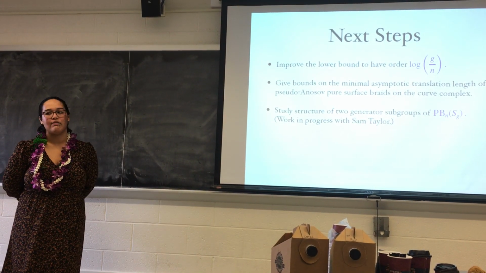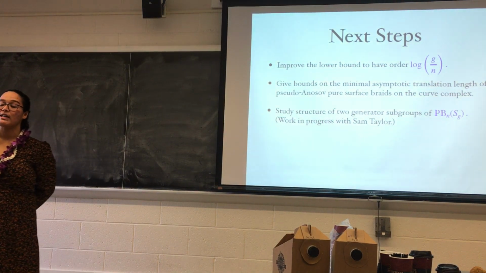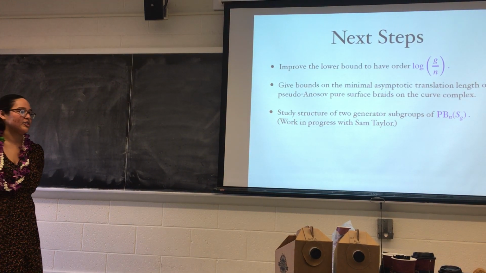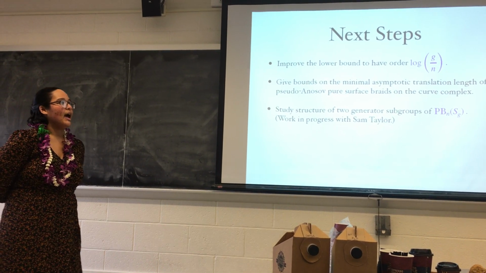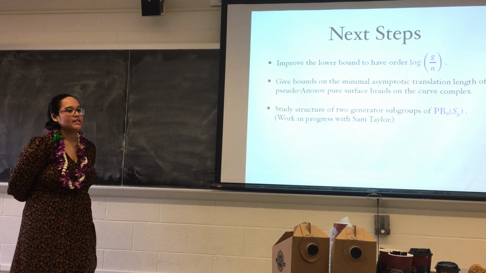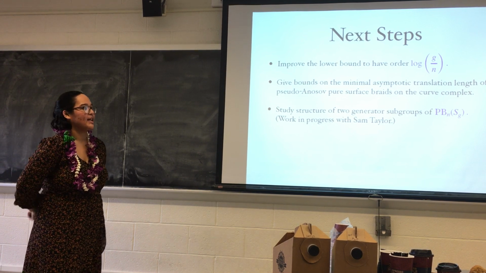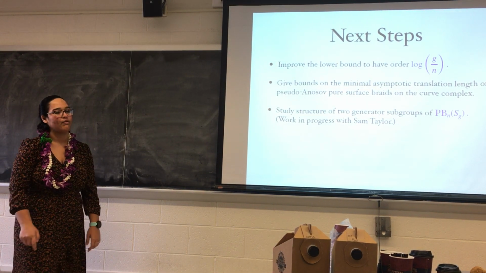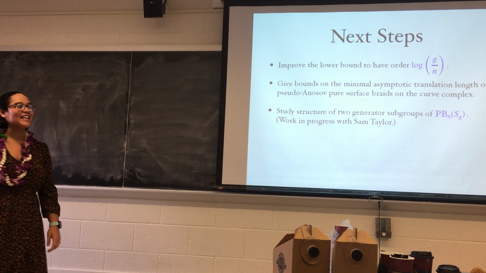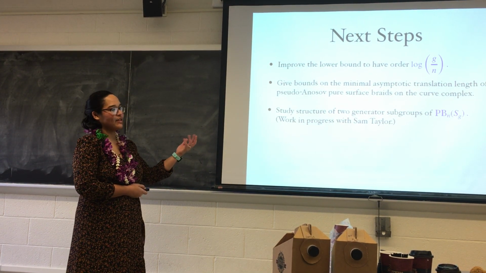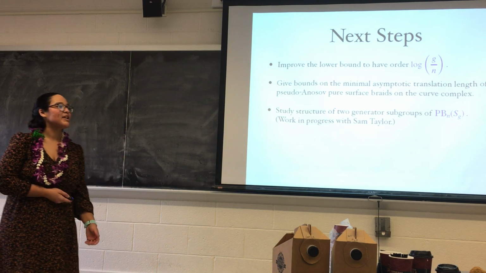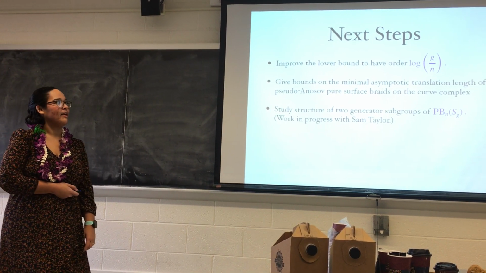Chris and Dan have this result for pure braids. They show that any 2 generator subgroup of the pure braid group is either free or abelian. So that would be nice to generalize to this situation, and that's actually a project that I have going with Sam. Hopefully, once this is done, I can start thinking about it again. So these are related questions that have been mentioned to me or that I would like to think about.